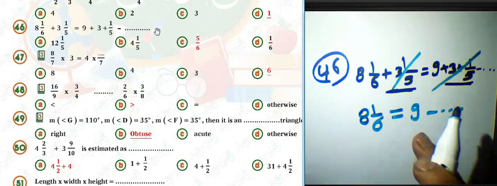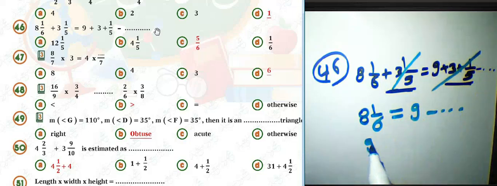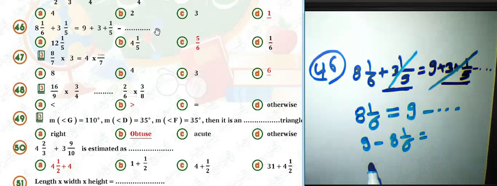To find the result here, we must subtract them. 9 subtract 8 and 1 over 6. 9 equal 8 and 6 over 6. We must convert this number to mixed number because we have 6 in the numerator. Look at the numerator here, it was 6.